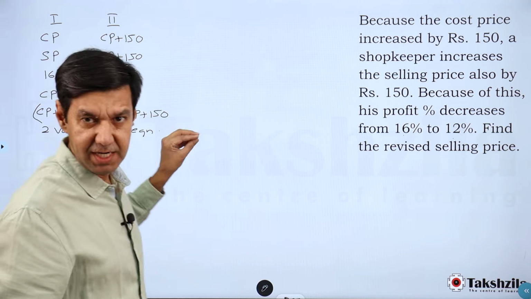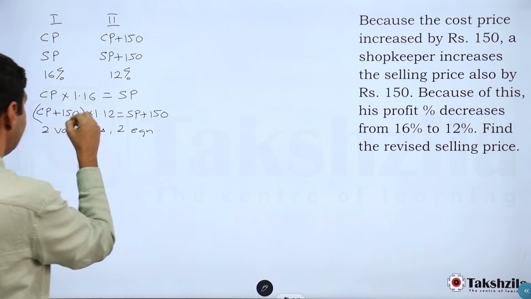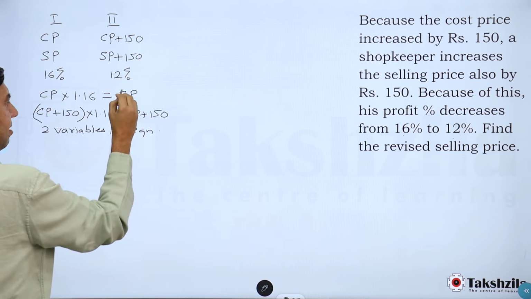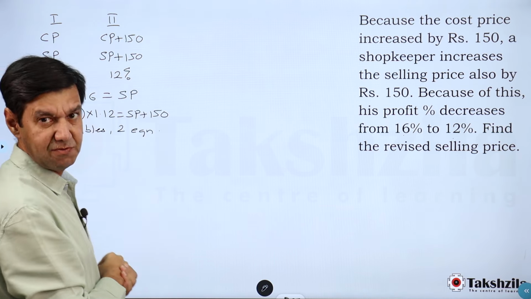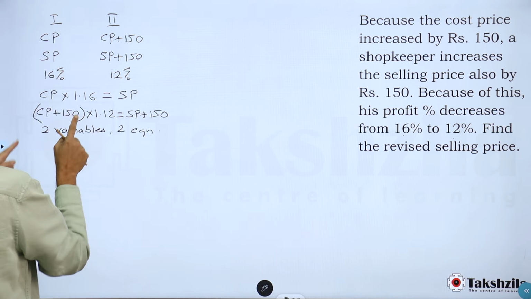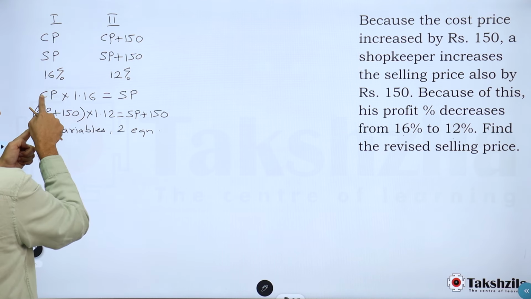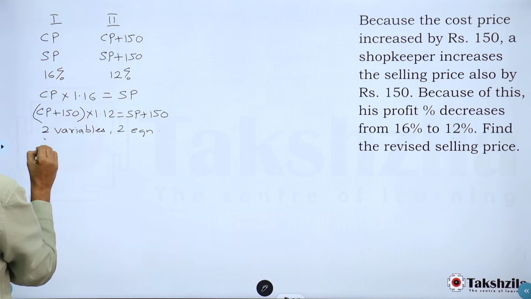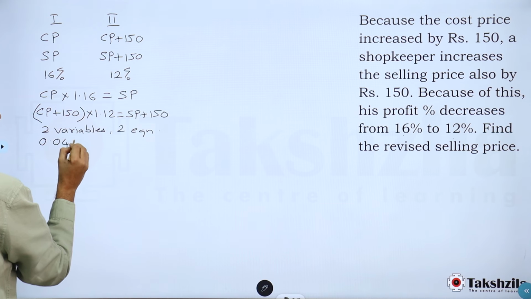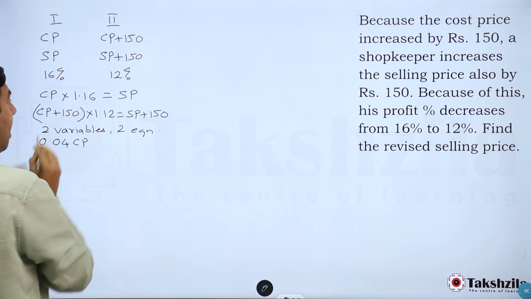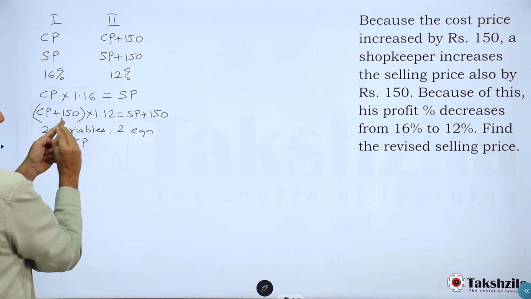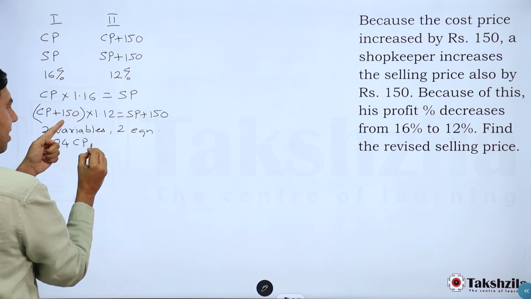And how do we solve it? There are some efficiencies that you can build there also. So you see the selling price, so they can cancel when you subtract. So let's subtract. So this is 1.12 cost price, and 1.16. So when you subtract, you get 0.04 cost price. This minus this has a second term here, so this will be a minus.